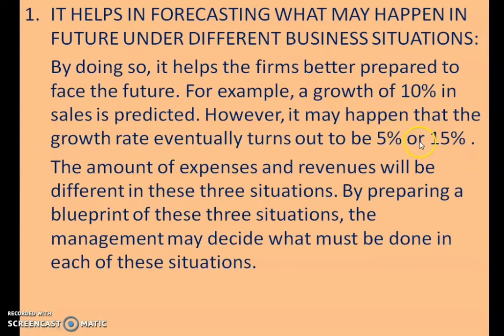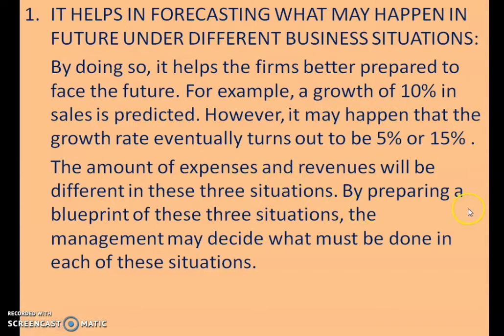It may decrease, or it may go to 15%, more than what we have estimated. The amount of expenses and revenue will be different in these three situations. We have predicted 10%, but it may go to 5% or 15%. In all these three situations, the fund requirement is different.